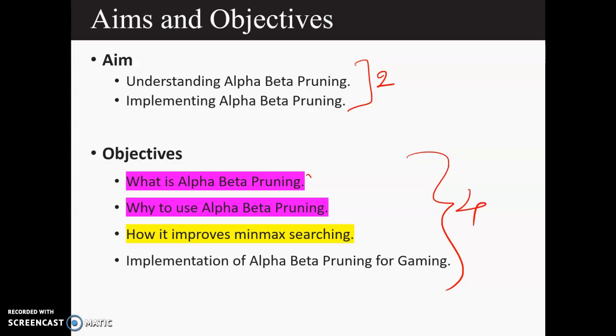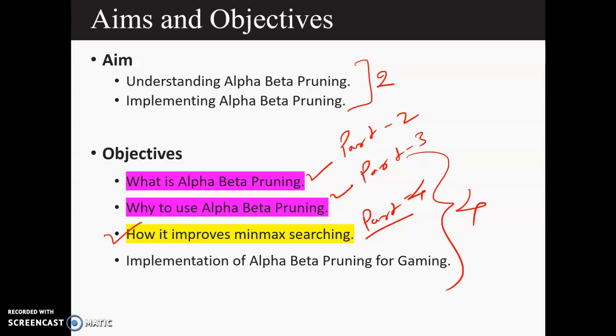So far we have completed objective 1 in part number 2 video lecture, objective 2 in part 3 video lecture, and in this part, part number 4, I will be covering how alpha beta pruning improves minimax search.